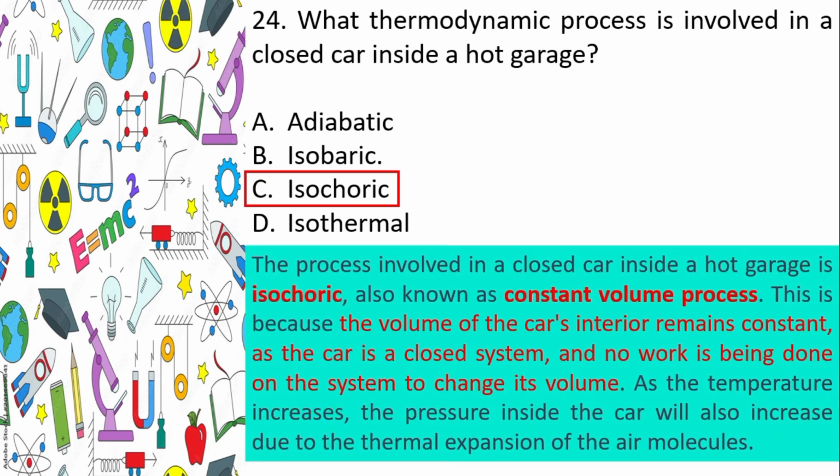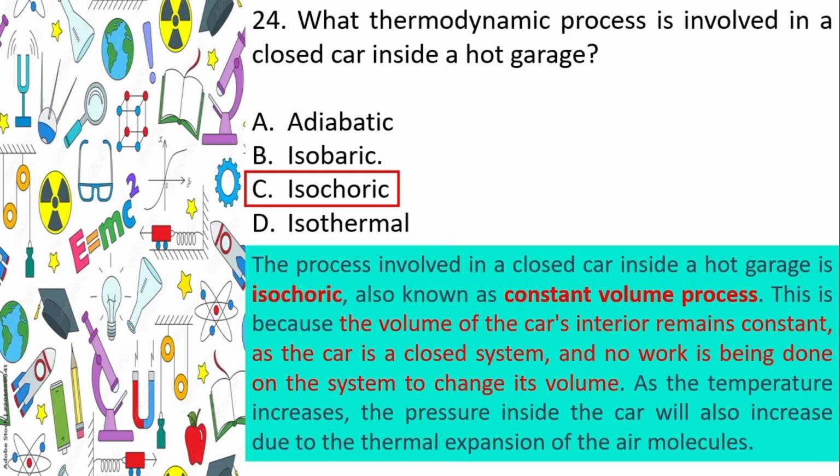Okay, so what thermodynamic process is involved in a closed car inside a hot garage? Okay, so the car is closed, and the temperature outside is very hot. Okay, the answer is isochoric. What is isochoric? This means that the volume of the car's interior remains constant, as the car is a closed system.